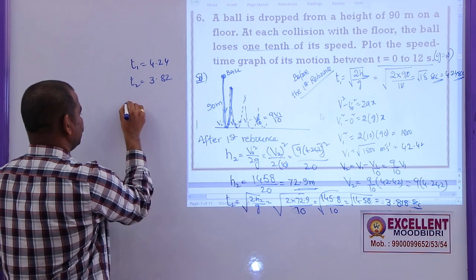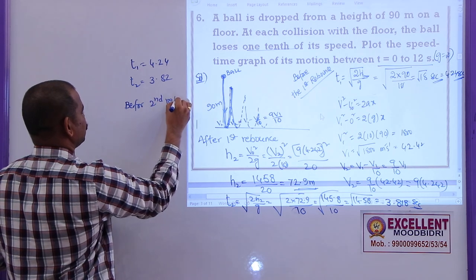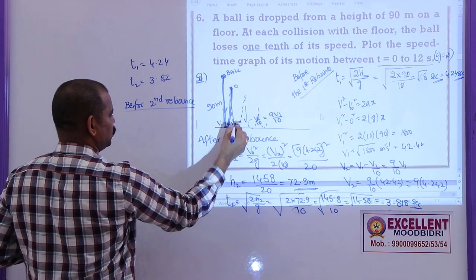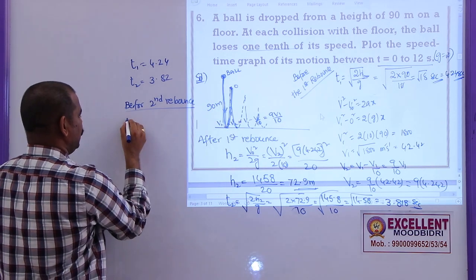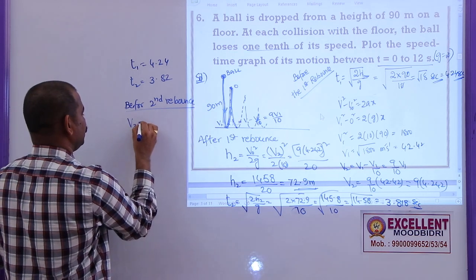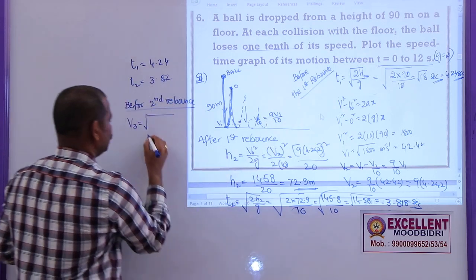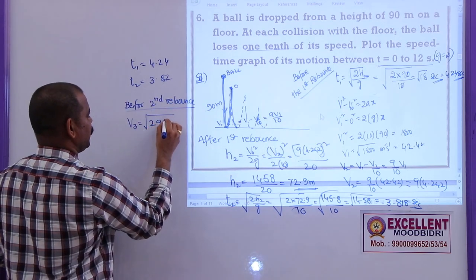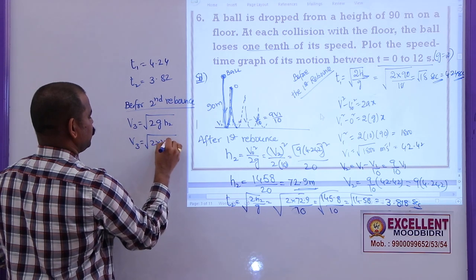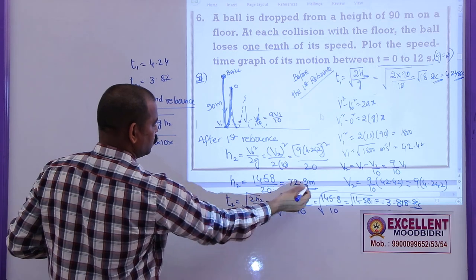For the second rebound, just before the second rebound, the velocity here is 0 and here the velocity is V3. Directly I am writing the same expression, V3 is equal to root 2g h, so this is root 2g h2. So, V3 is equal to root over 2 into 10 into the height reached here. Height reached is equal to 72.9.